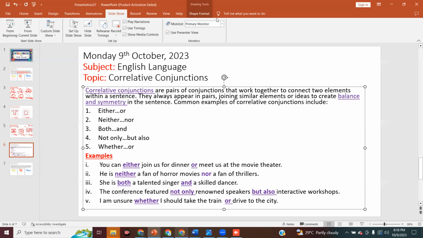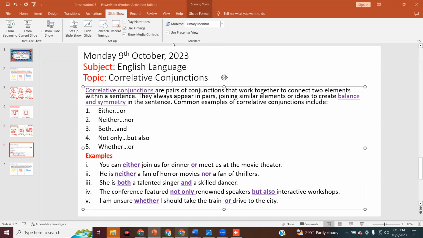All right. So in the chat, I would like for you to make your own sentence using any one of the 5 correlative conjunctions. So that's the task. Make your own sentence, using any one of the 5 correlative conjunctions, and put your sentence inside the chat. Remember, if you use one, you have to use the other.